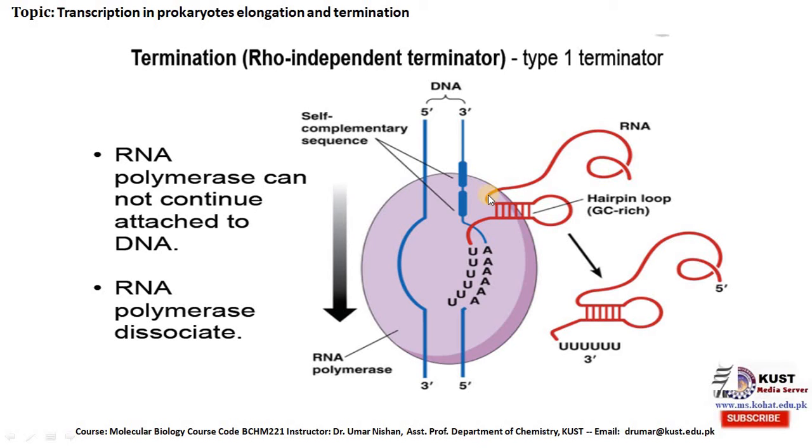This is the RNA that is formed. The RNA after the termination of transcription is separated from this transcription assembly. Now we got this RNA in the process. The termination process has taken place.